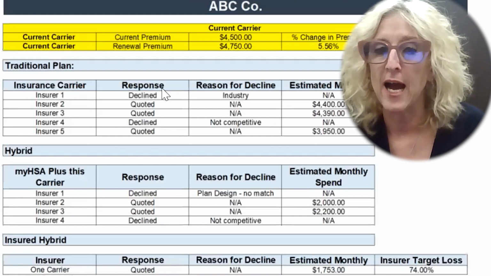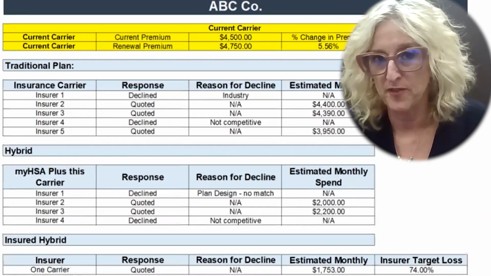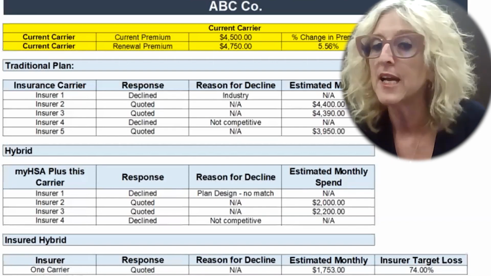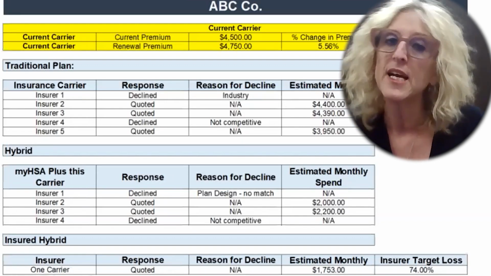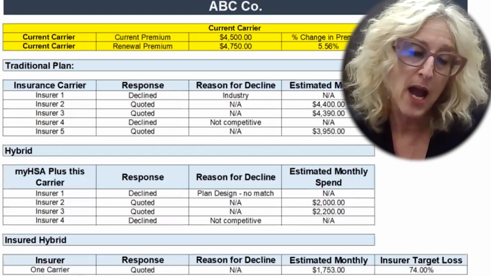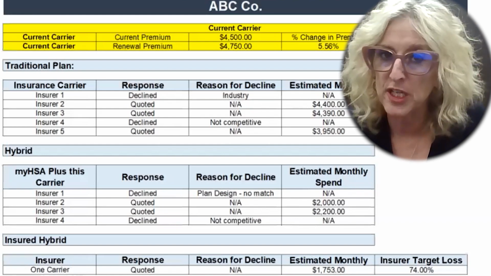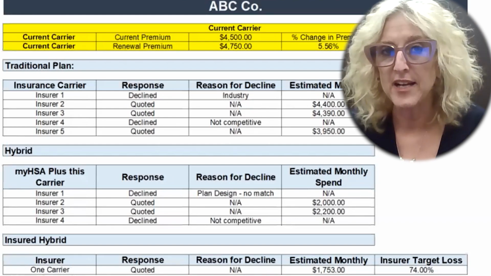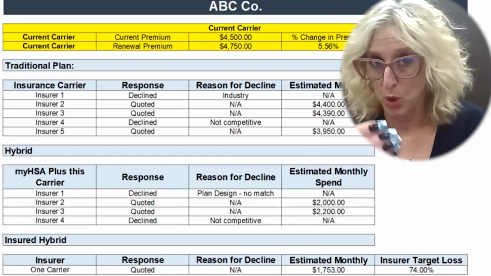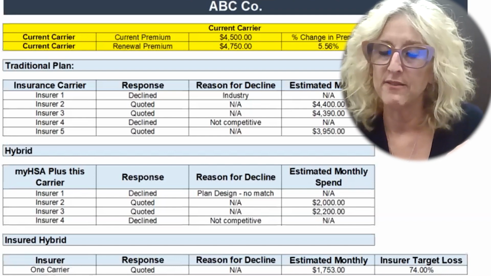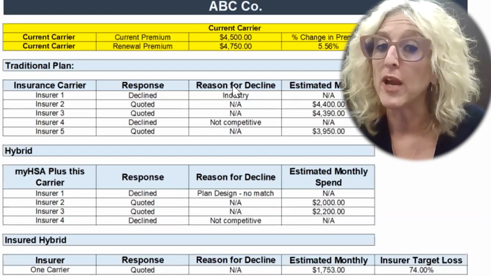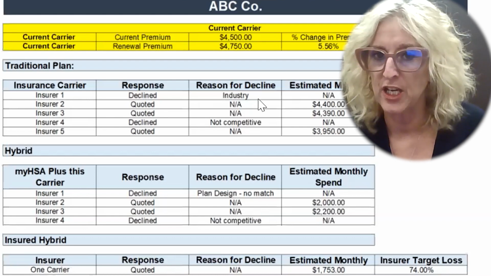Maybe it's the nature of the industry, an insurance company, it's not their target market, so they may have declined on that. It could be that the employer has not only gone to you to service that group, but they've also enlisted another advisor in that model. And if we know about it, we're going to put that in here as well.